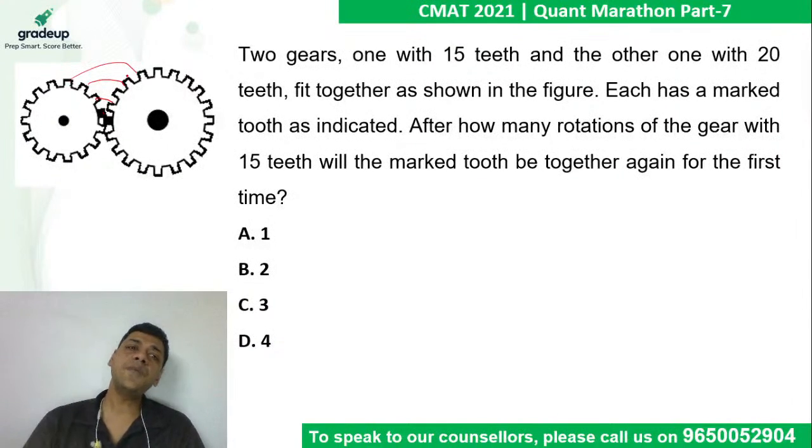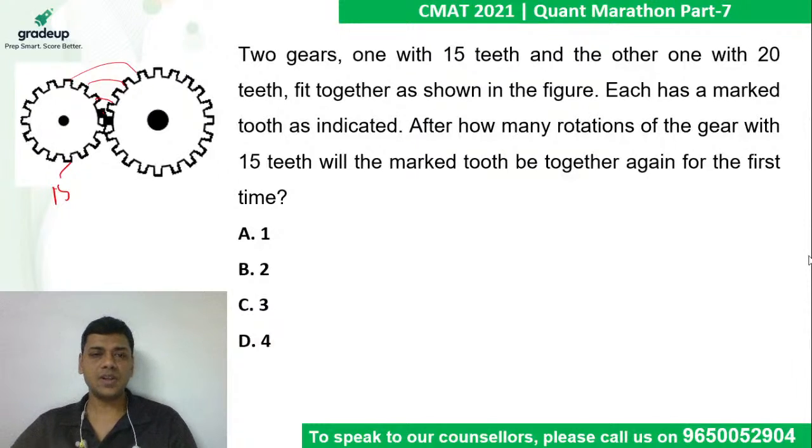So after how many rotations of the smaller gear, which is the 15-teeth gear, will these two marked teeth be together once again? That's the question. Tahir believes answer is D, 4. Okay. What about others?